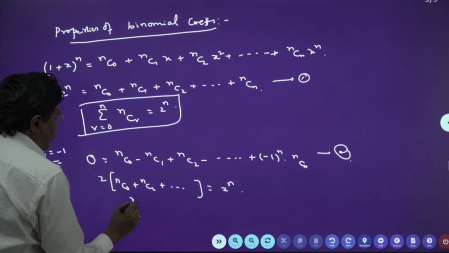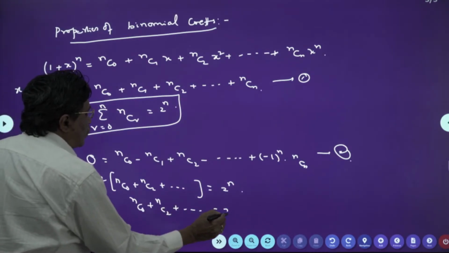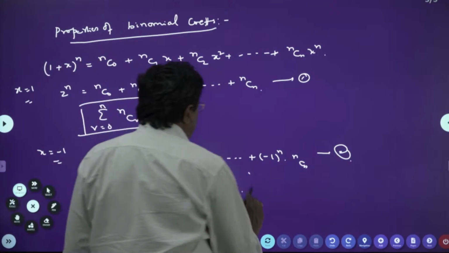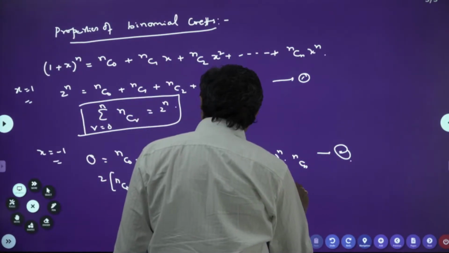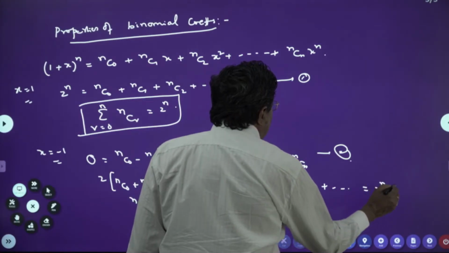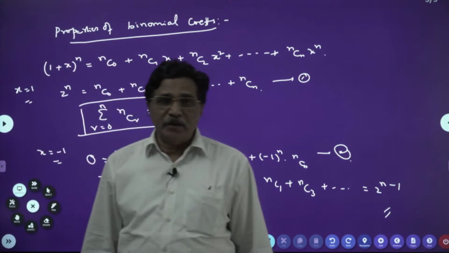So, I get nC0 plus nC2 plus nC4 so on is equal to 2 to the power of n minus 1. Similarly, if I subtract, I get nC1 plus nC3 plus so on is also equal to 2 to the power of n minus 1, right.